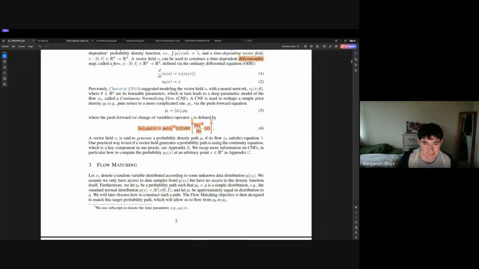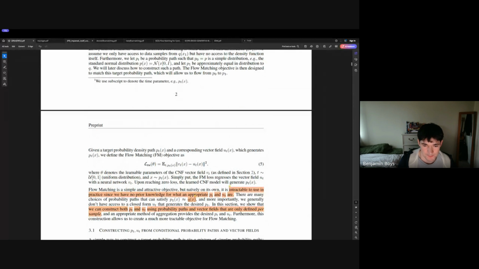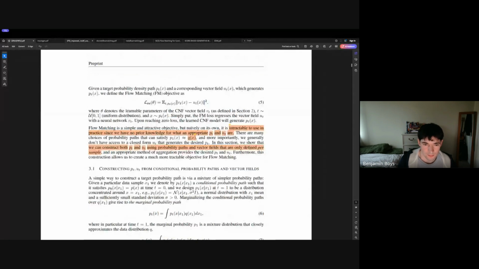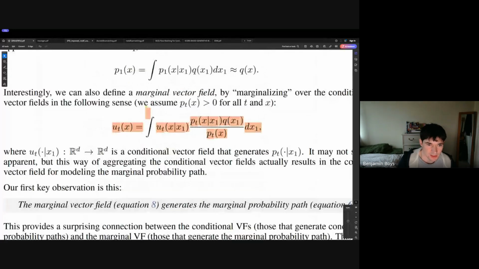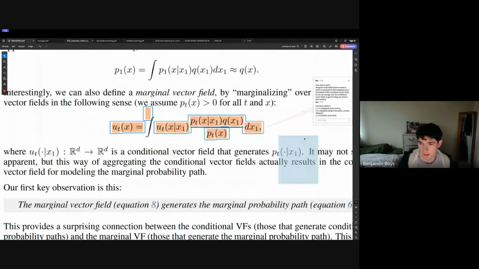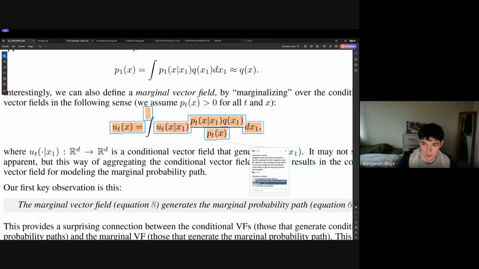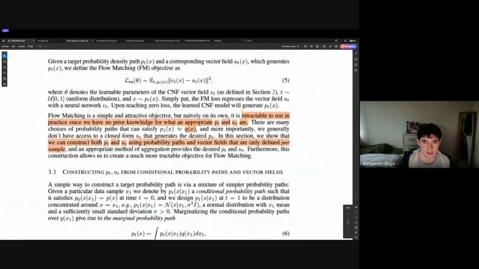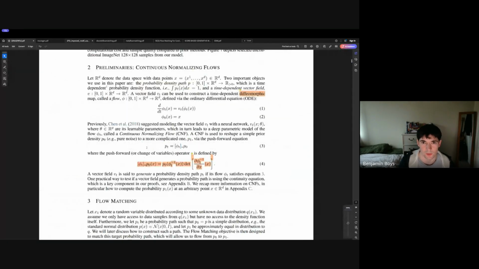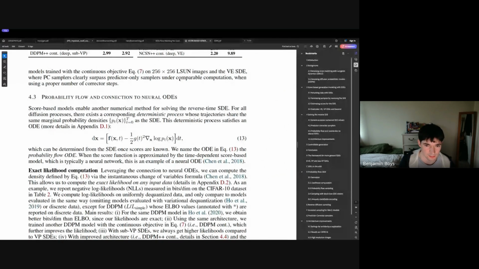So now to introduce some of the notation. You've got X, which you can think of as a data point along the flow path or the noising path, and X1 is a data point drawn from the data set, the data distribution Q, which is our distribution of images, and U is a flow or a vector field, which describes the dynamics of that ODE that I just pointed out in the score-based generative modeling paper.